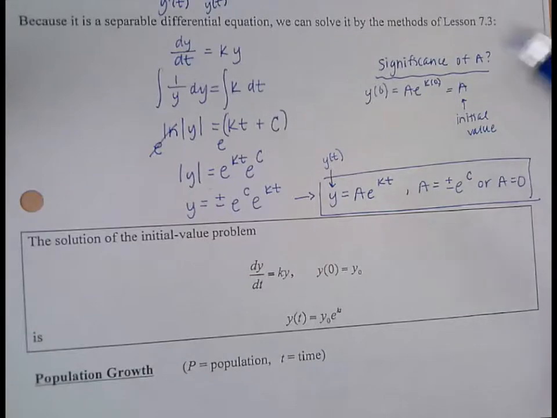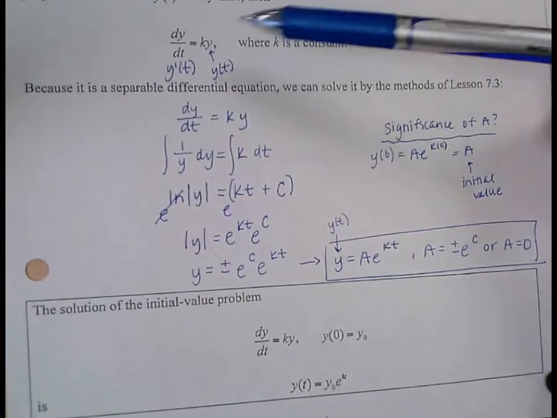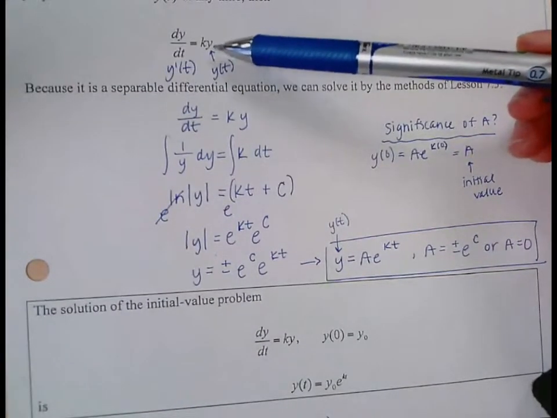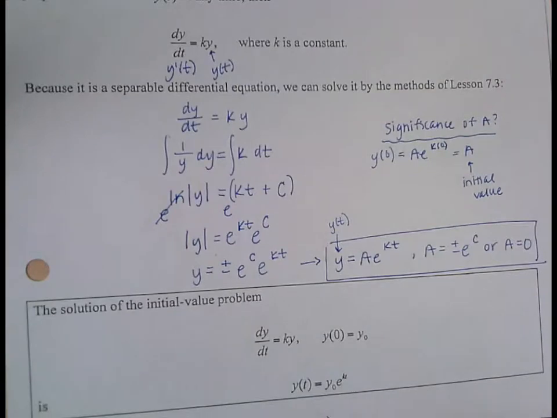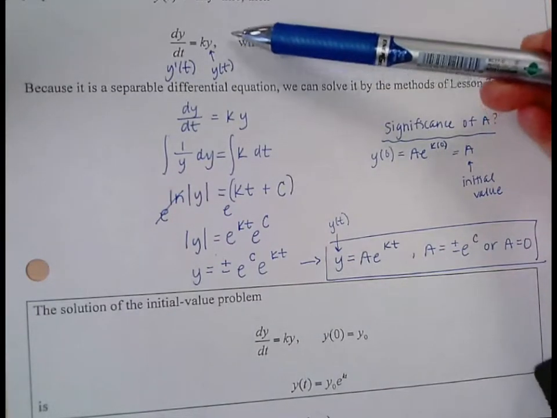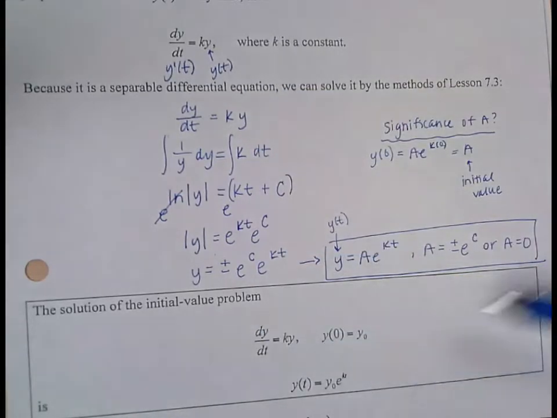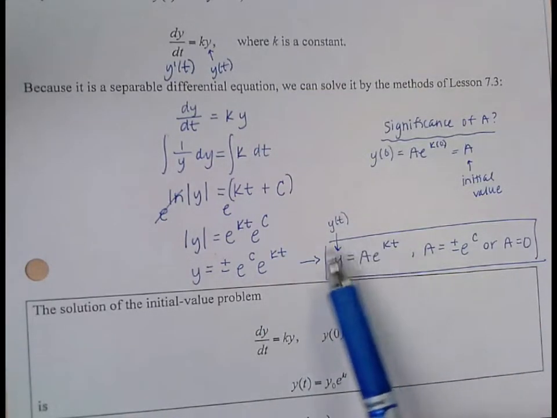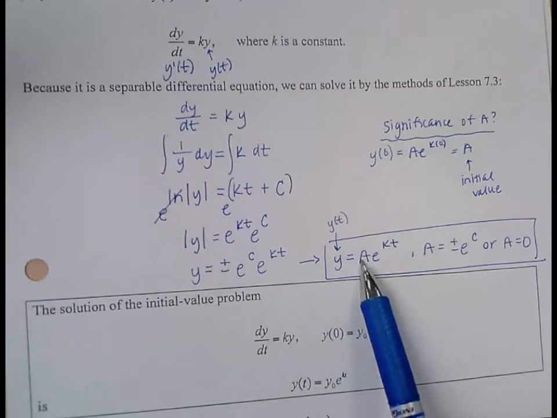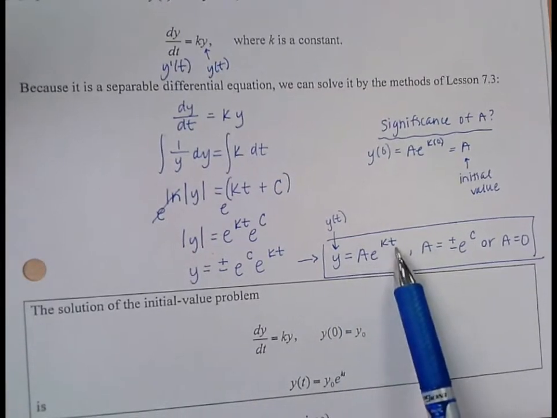So why this is important: anytime you have a differential equation that is in this form, where the first derivative is proportional to the function itself, you don't have to go through this process every single time. Your solution is always in this form, where it's y equals the initial value times e to the kt.